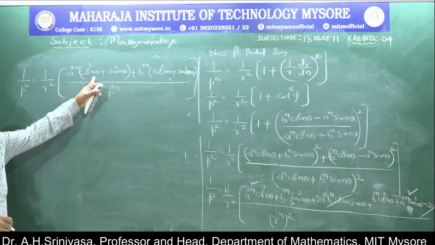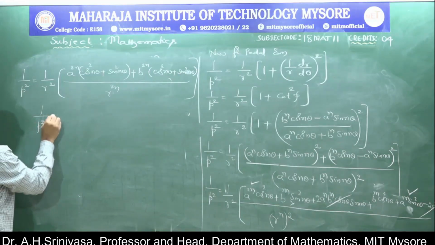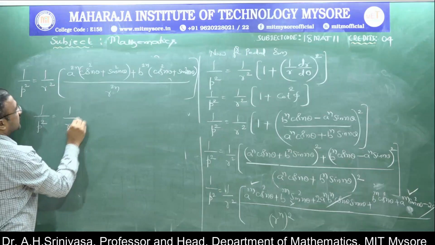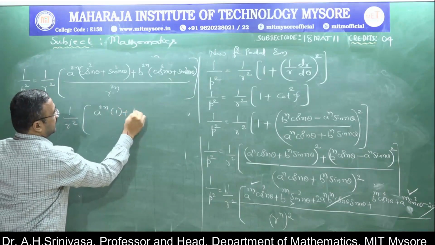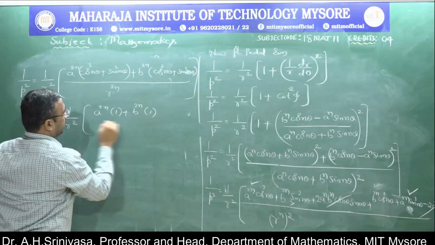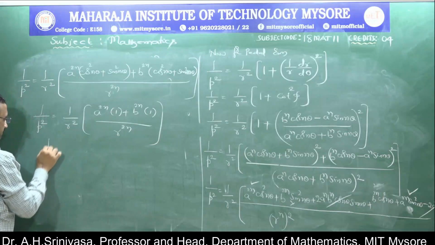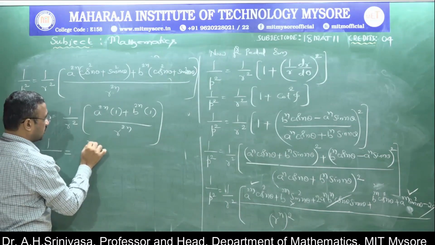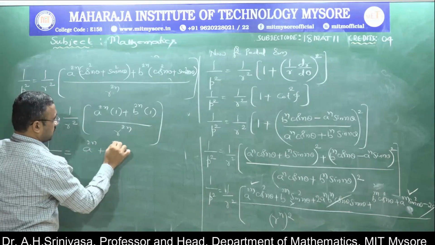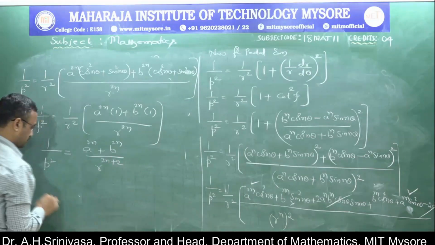We know the result of this one: you put it as 1, by the trigonometric identity. 1 by r square into a power 2n into 1 plus b power 2n into 1, divided by r power 2n. Then 1 by p square should be equal to a power 2n plus b power 2n divided by r power 2n plus 2.